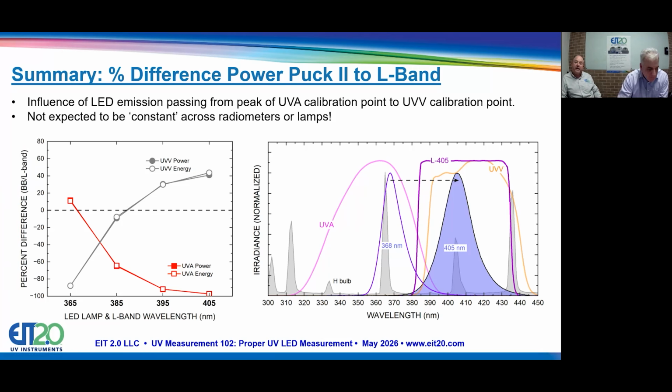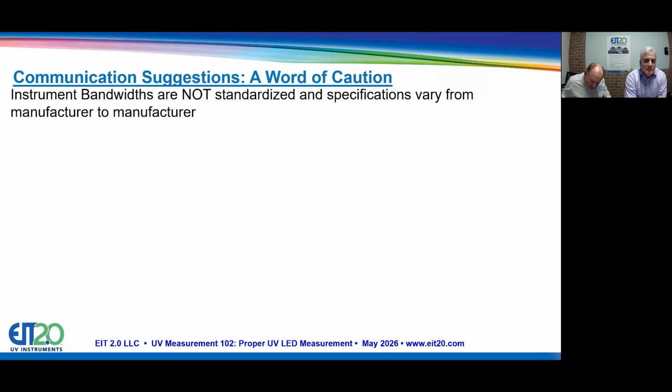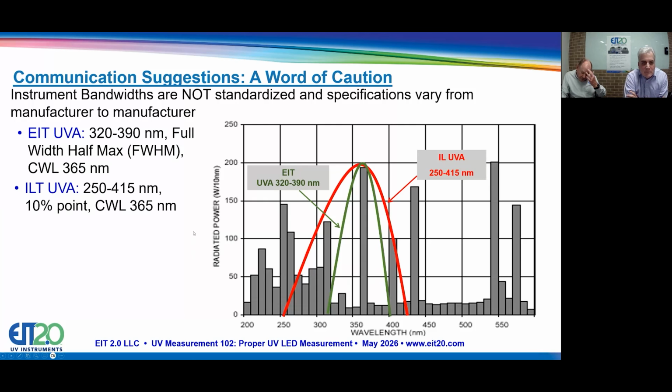Thanks, Jim. Just a couple things here as we start to wind things down. This is more of a caution. There's a lot of good manufacturers of products. They vary manufacturer to manufacturer. This is using broadband, but it's a good example here, whereas the EIT UVA is 320 to 390. One of our competitors has UVA from 250 to 415.